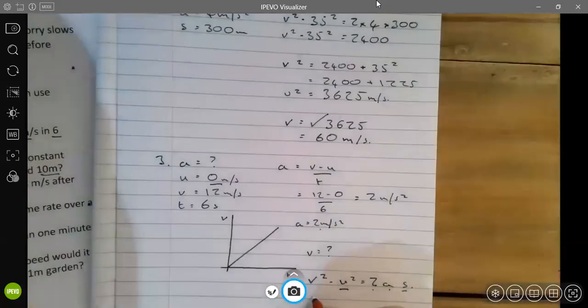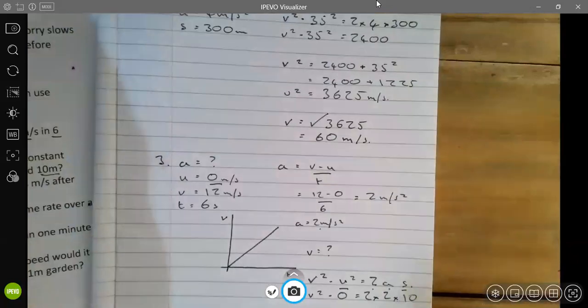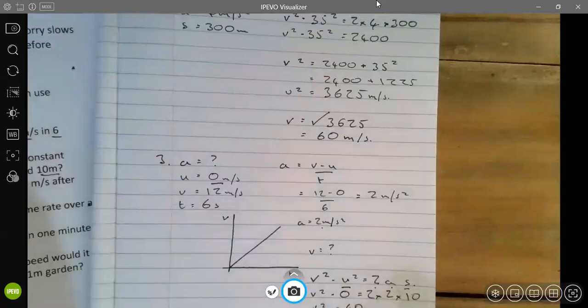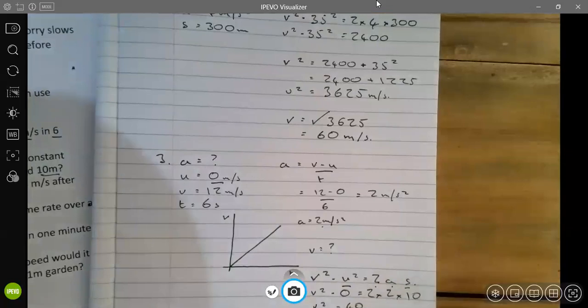Insert our numbers. So we've got v squared minus 0 is equal to 2 times 2 times 10. So v squared will equal 40. So v will equal the square root of 40, which will give me 6.32 meters per second.